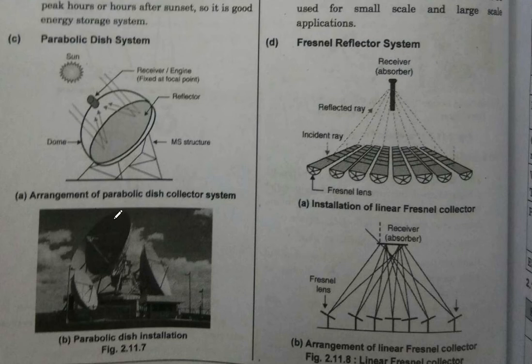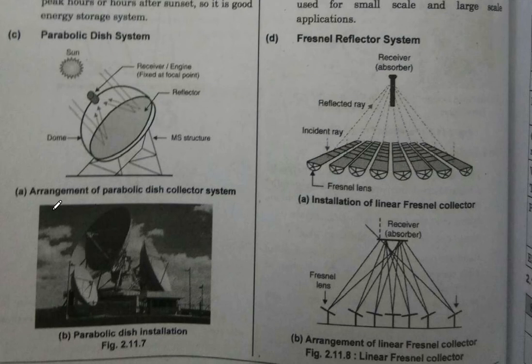You all may have seen such dishes in your cable operating devices, Tata Sky, Dish TV or Airtel. The shape and appearance of these dishes are a little similar to them, just a little larger.